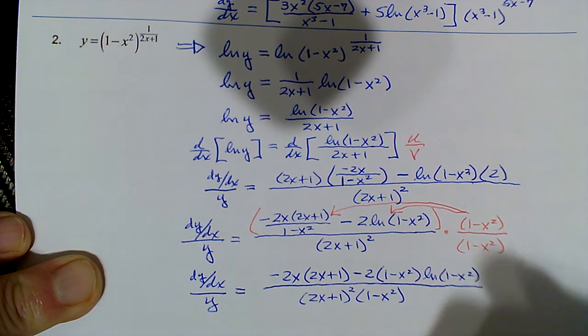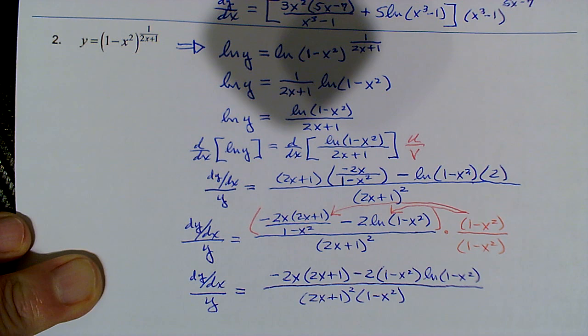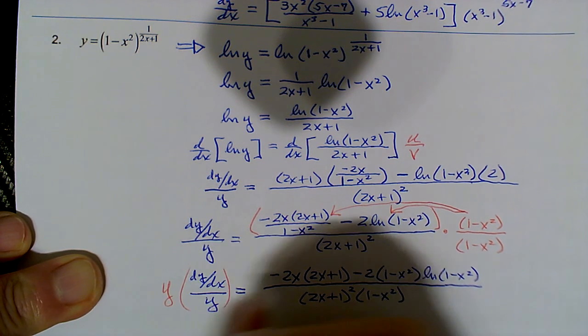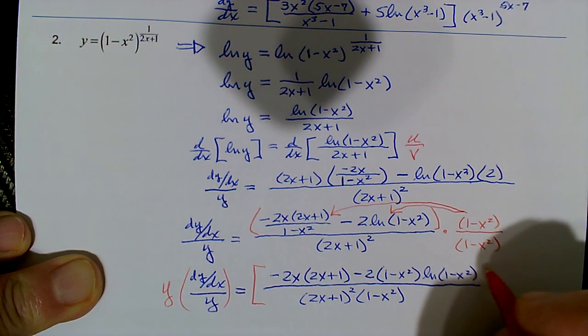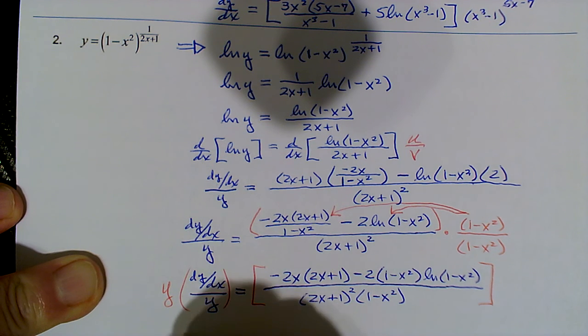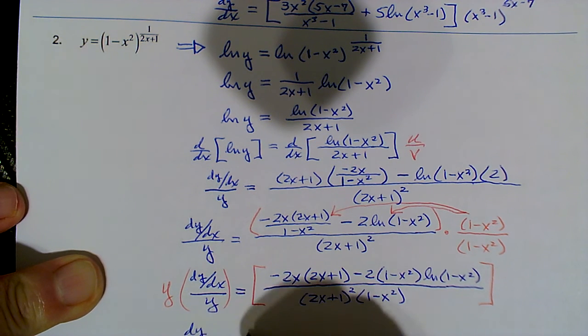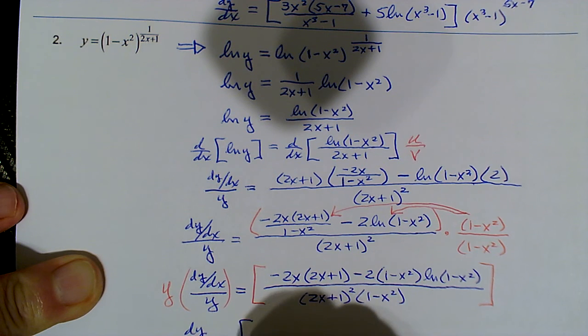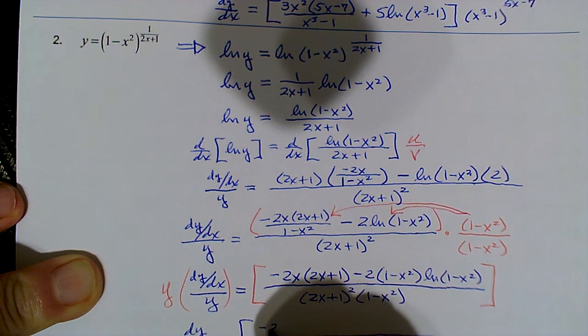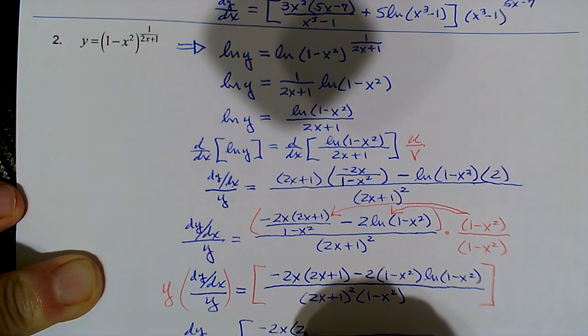Okay, and now finally we could solve for dy/dx by multiplying both sides by y. And so dy/dx is equal to, there's a lot of recopying here, so just recopy what's in the numerator.